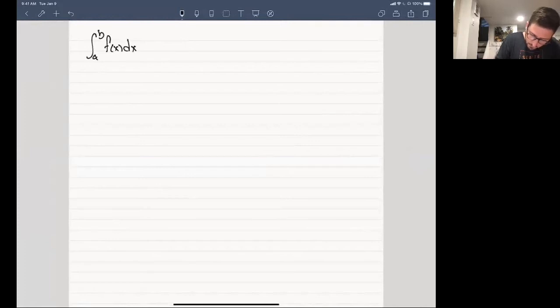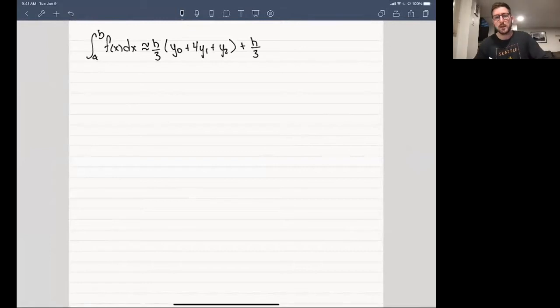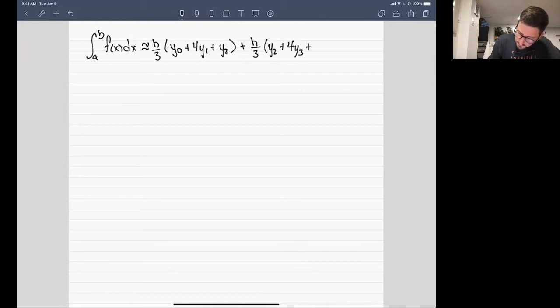The definite integral here is approximately h over 3 times y0 plus 4y1 plus y2, so that's under the first parabola. Then under the second parabola, you move forward, so you get y2 plus 4y3 plus y4.